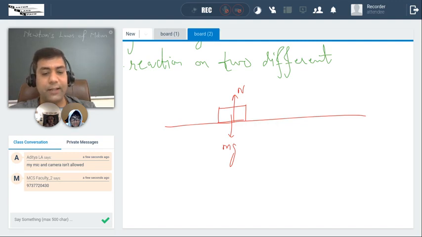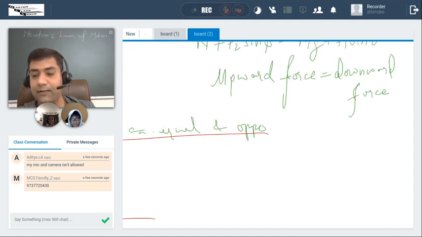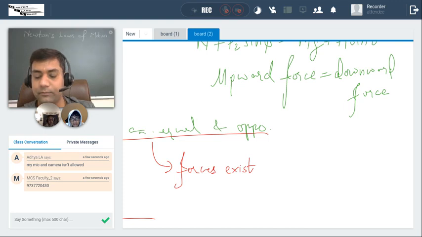For every action there is an equal and opposite reaction. That means forces exist in pairs. This wouldn't apply to gravity though, would it? Why not, mg?